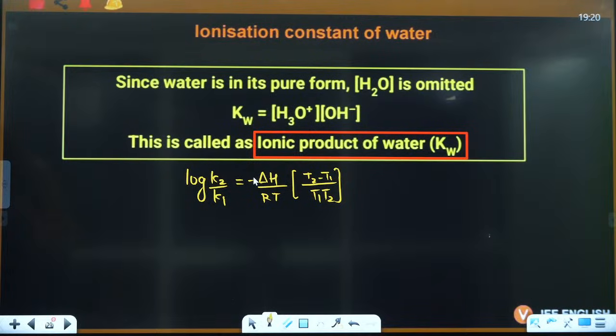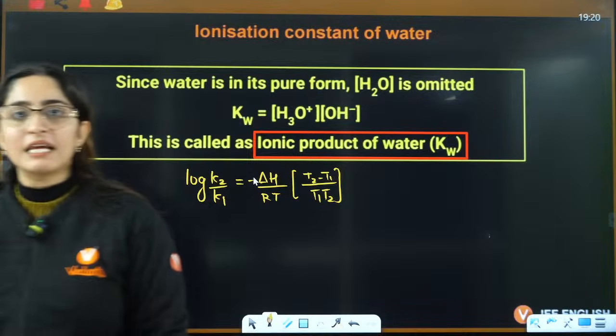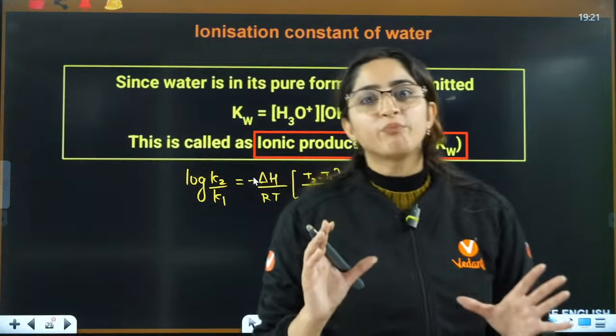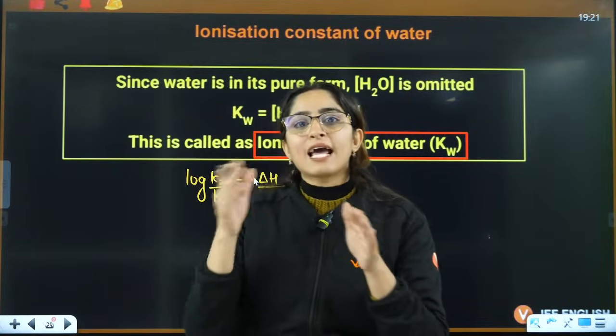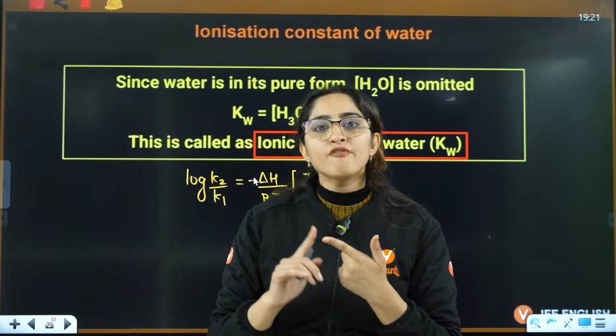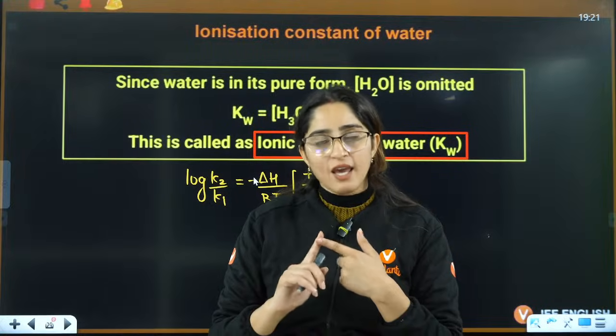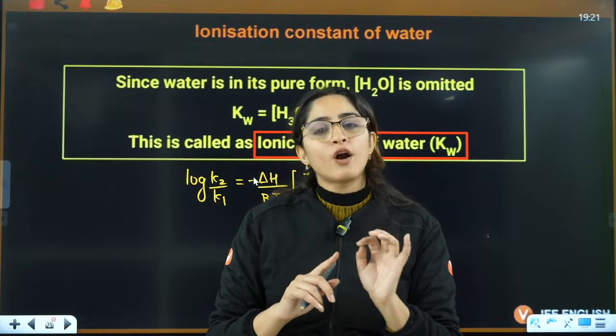Ma'am, what is temperature of Kw? Meaning? Beta, Kw is a constant, just like Ka, Kb, K equilibrium. All these are constants, na? These are types of equilibrium. If you have an acid, it is called Ka. If you have a base, it is called Kb.